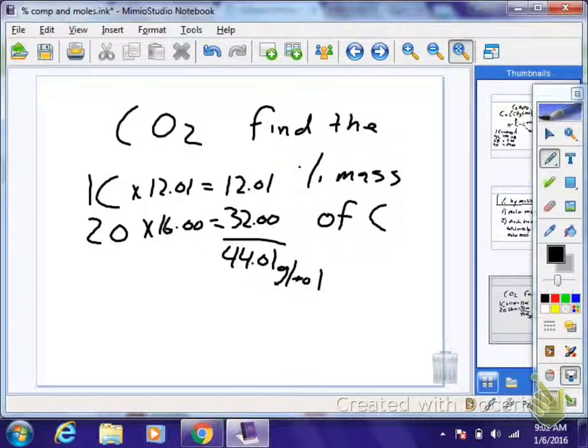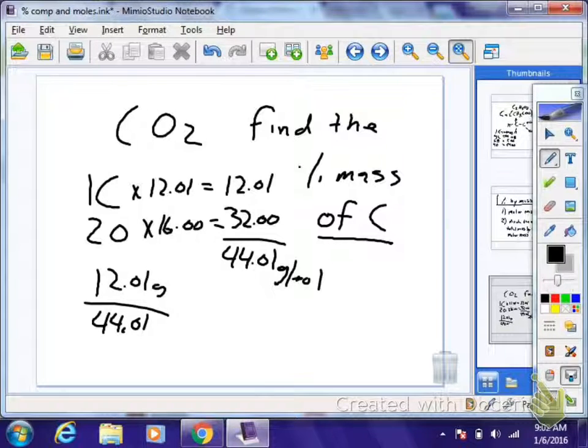Second step, it says find the percent mass of carbon. So I just want carbon, so I'm going to go 12.01 grams divided by the total, and times it by 100. And I've got my answer. That's the percent. That's all you do for percents. Not that difficult.